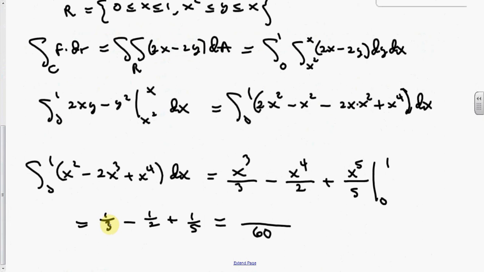So here, what's the smallest number 3 goes into? I think it's 30. So 10 minus 15 plus 6. So that gives us 1 over 30.